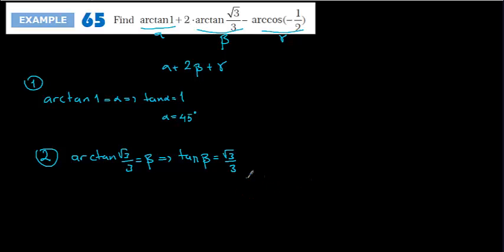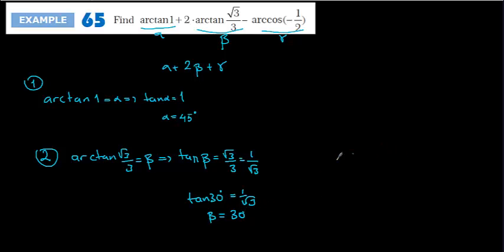Root 3 over 3 is at the same time equal to 1 over root 3. Opposite side is 1, adjacent side is root 3, which means tangent 30 is equal to root 3 over 3, or 1 over root 3. So beta is going to be 30 degrees.